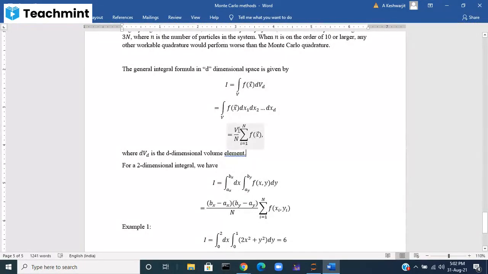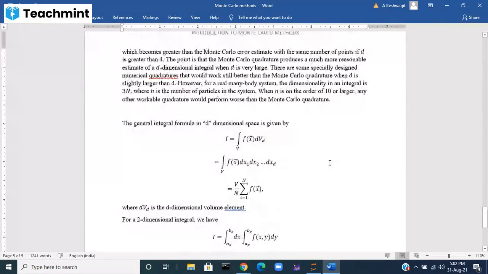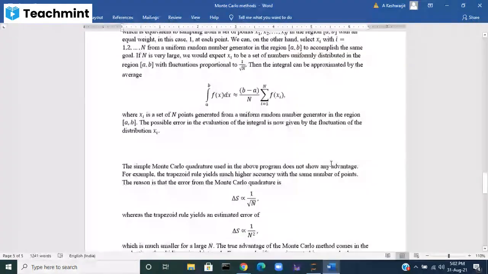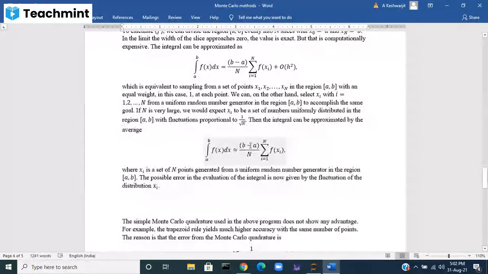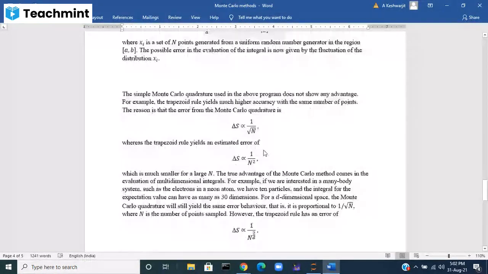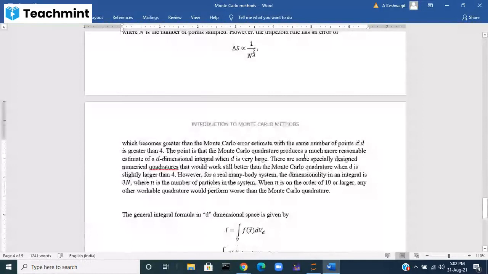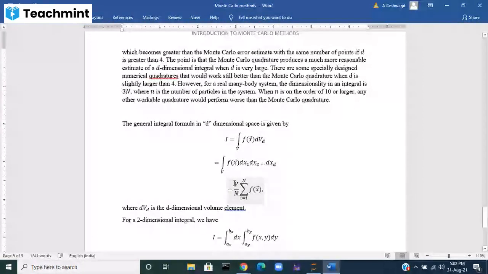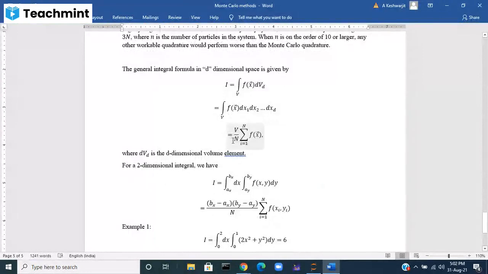This is equal to the volume V of the domain. In one dimension, V is simply the length of the domain, b minus a. But in d dimensions, it is the volume of the domain, V divided by N, then the summation of the function f calculated at those points.